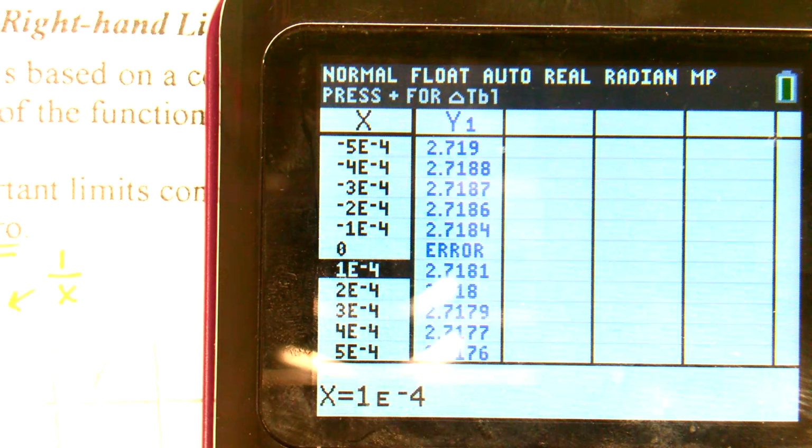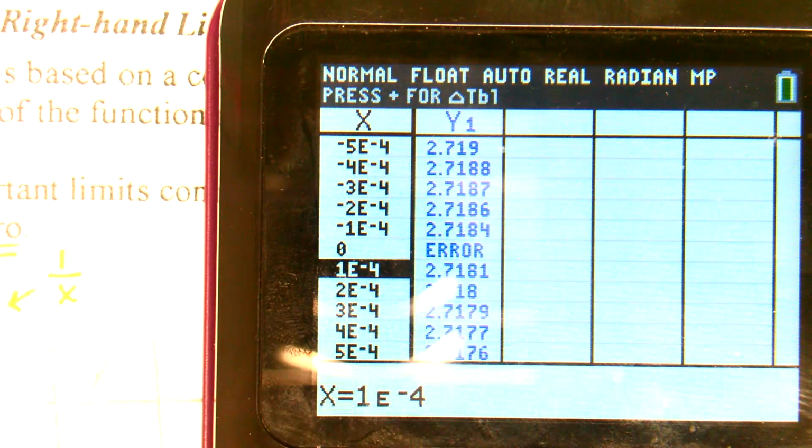Realize that's what that's saying, though, right? 1e to the negative fourth is 1 times 10 to the negative fourth, which is 1, 2, 3, 4, which is what I put, isn't it? Okay, and so then notice it's 0.002, 0.003, so on and so forth.